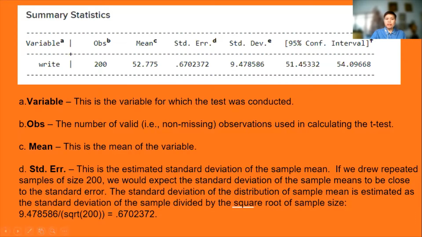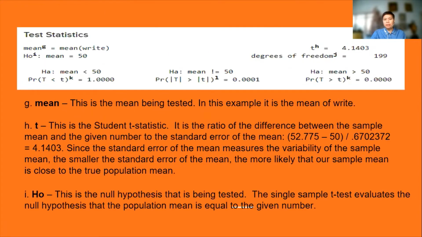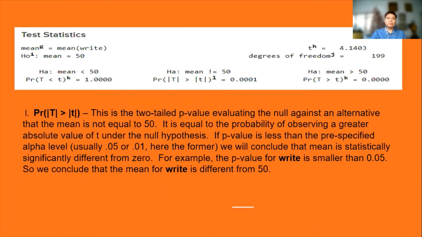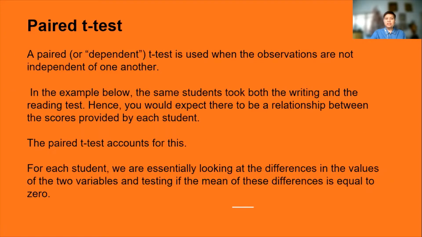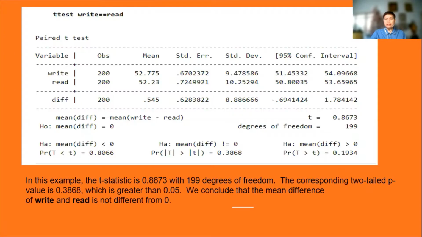Okay, and then we had another example. Okay, this is now the paired or the dependent t-test. What did we compare? We compared here the writing score and the reading score.